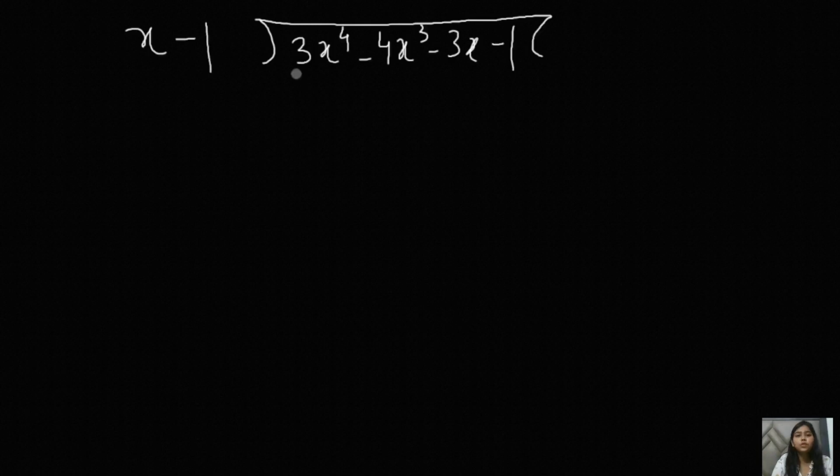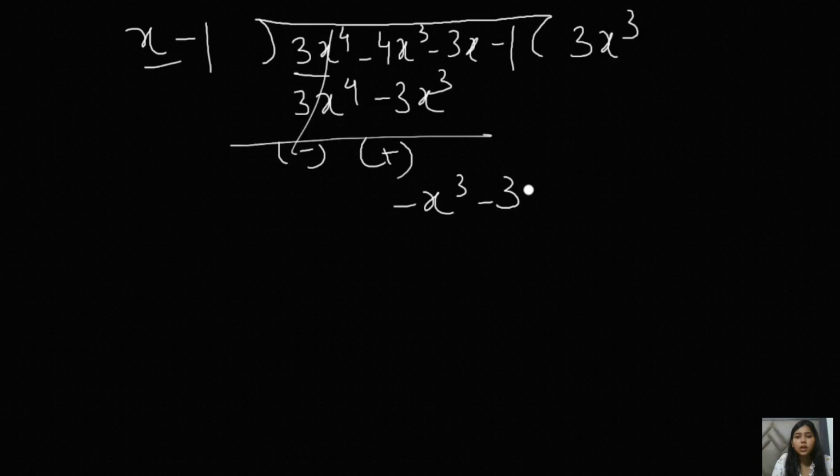What you have to do is divide this first term by this term. We'll get 3x cube and multiply the subsequent terms, opposite signs. We'll get minus x cube. Just take care of the signs in the long division method. Many people make mistakes with the signs, so just take care of the signs, where you have to put negative and where you have to put positive.